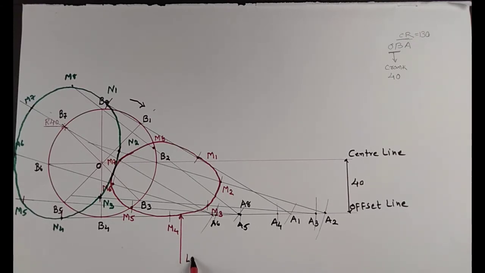So this is the locus of point M, and the point on the extension of the connecting rod is just like a beak shape, elliptical. So here we write the locus of N point.